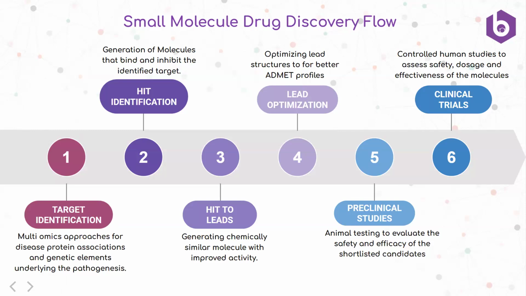Now, what is the next step? If you don't have a molecule at all, and there are no previous molecules designed for this particular target, you're going to go with something called hit identification, where you're trying to identify a molecule that can bind and inhibit the identified target. You're not looking for a molecule with very strong potency or very strong binding.